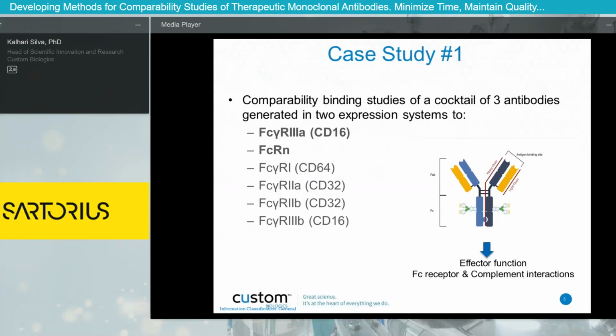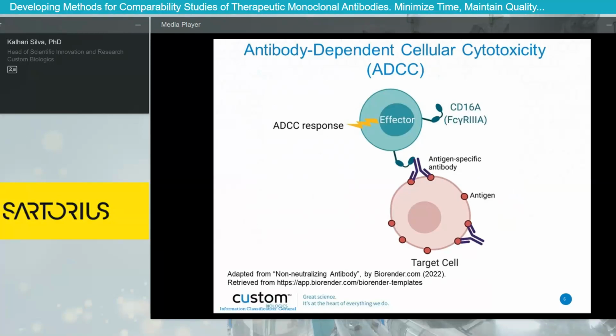So we had to evaluate the binding of these antibodies to the whole Fc panel. But for today's talk, we will look into how we optimize the binding assays to Fc gamma R3A and FcRn. So why is Fc gamma R3A so important?